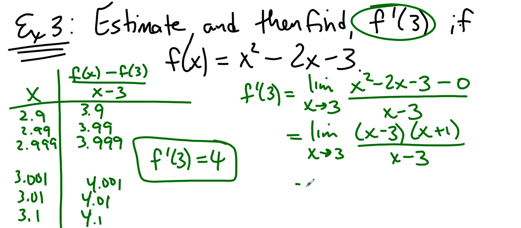Of course it does. And these drop out. And so what is that? Well, the 3 goes in here. 3 plus 1 is 4. And that confirms that f prime of 3 is 4. The slope of the tangent line to this curve at x equals 3 is 4.